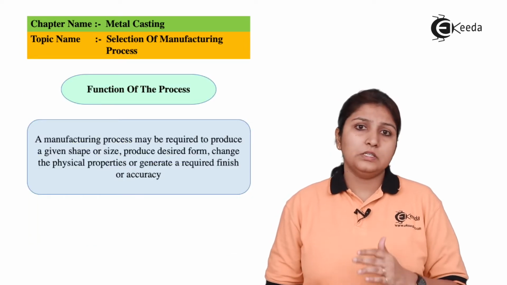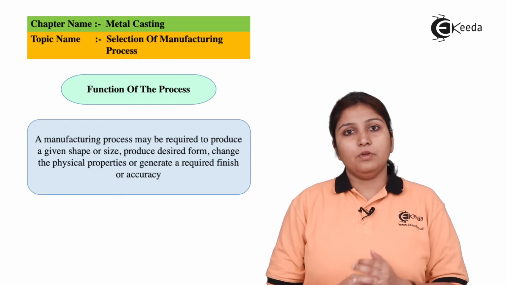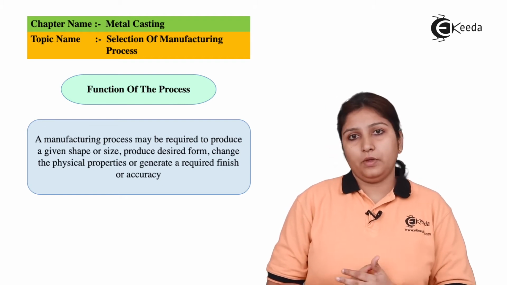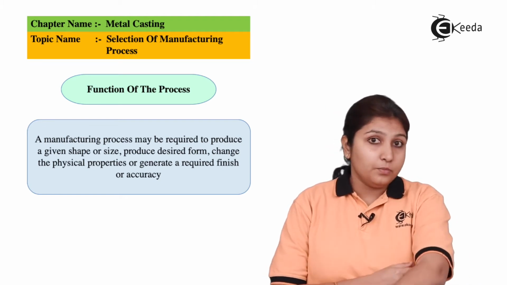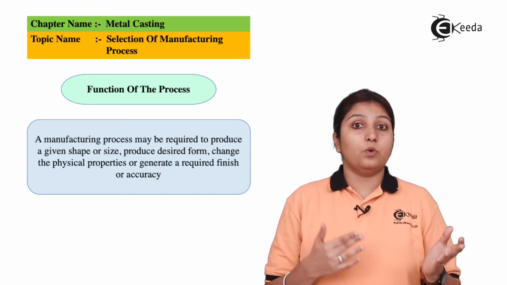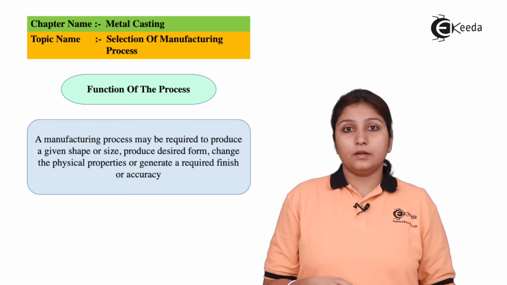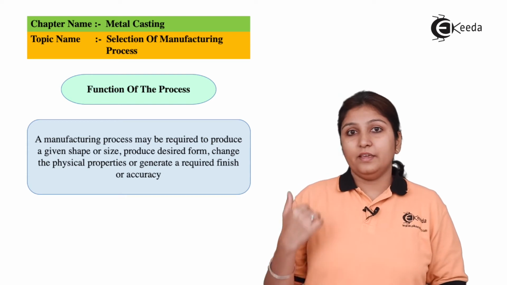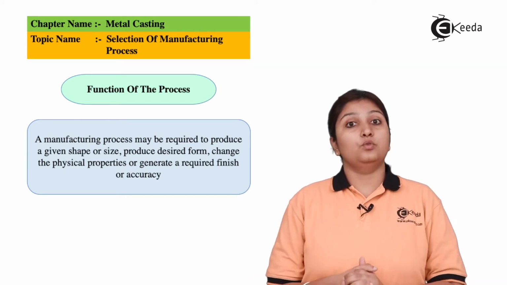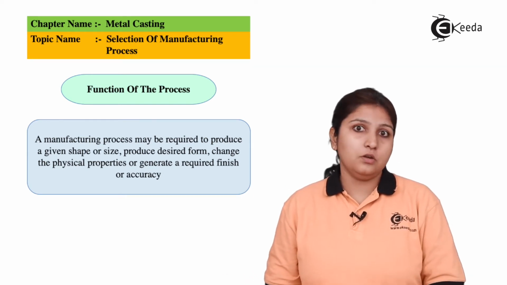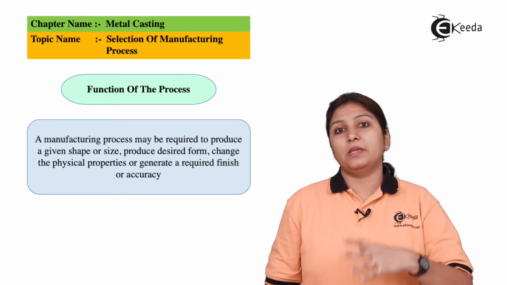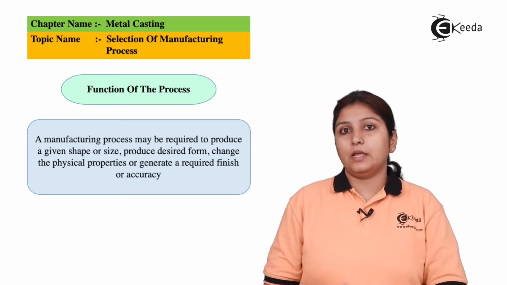The first step is to know the function. We can't give any manufacturing process to any object. We first have to see what is the function of the thing. A calculator has to do some calculation. An engine has to do some other work. So we have to first see the function of the object. According to the function, we have to make the design, and then the further part can be done.